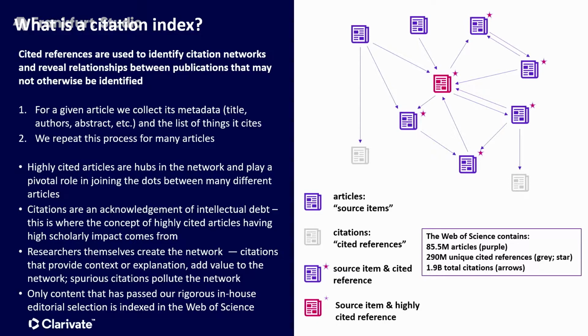The premise is that there is a meaningful connection between an article and another article that either cites it or is cited by it. If we take that as a given, we can use cited references to build a citation network and identify connections between publications that wouldn't otherwise be found by something like keyword searching, for example.